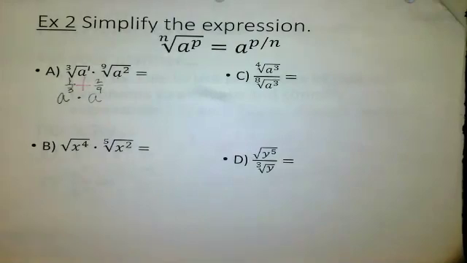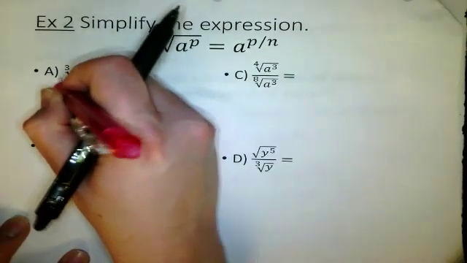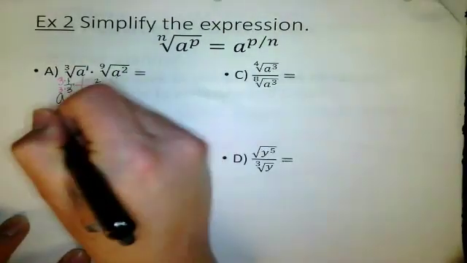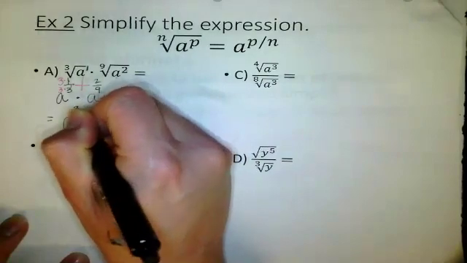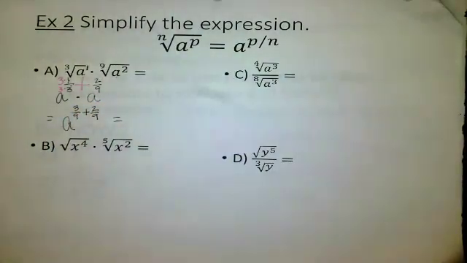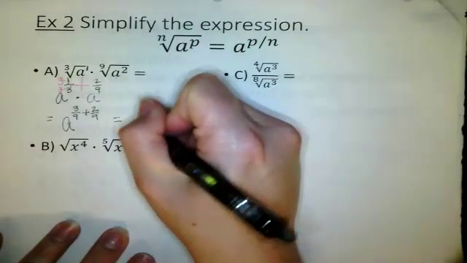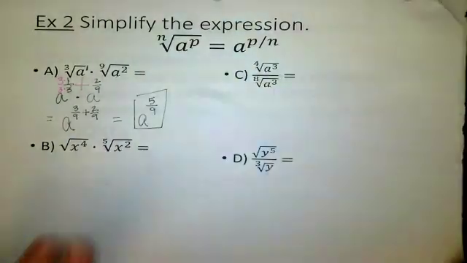What is the common denominator? 9, yeah. So I just want to multiply that first fraction by 3. So that gives me A to the 3/9 plus 2/9 is A to the 5/9. And that's a lovely answer.